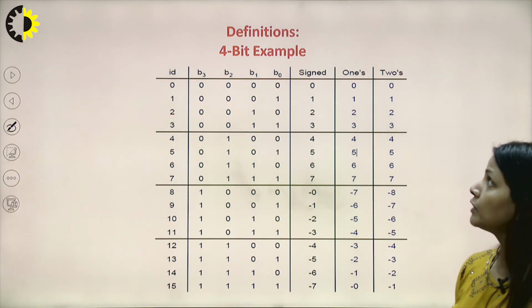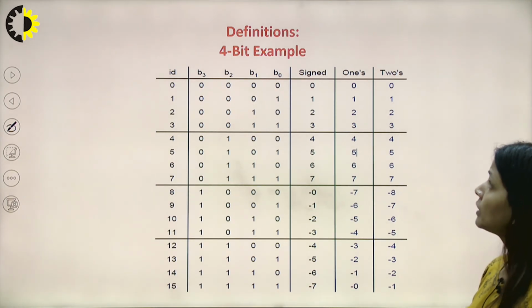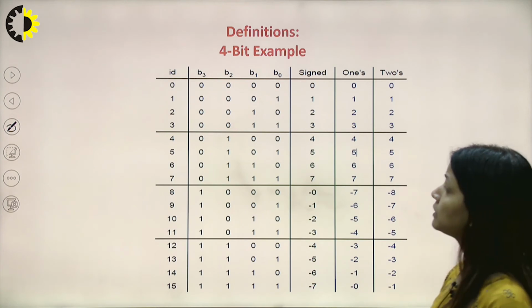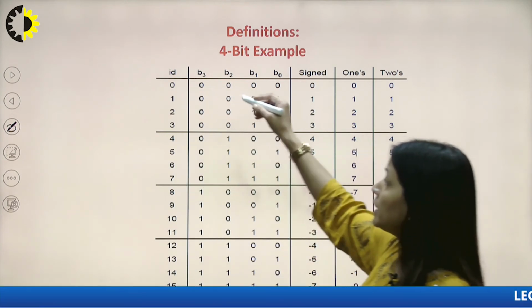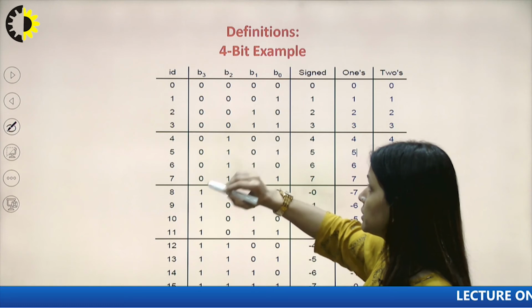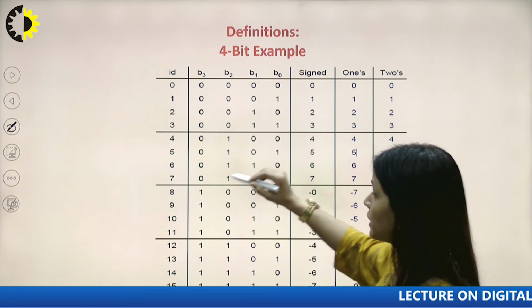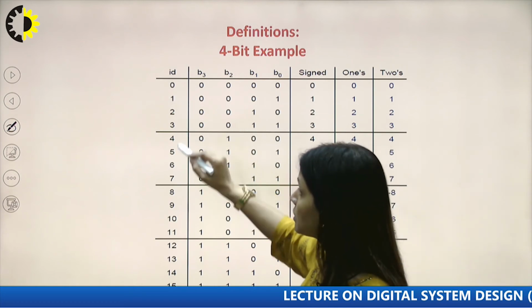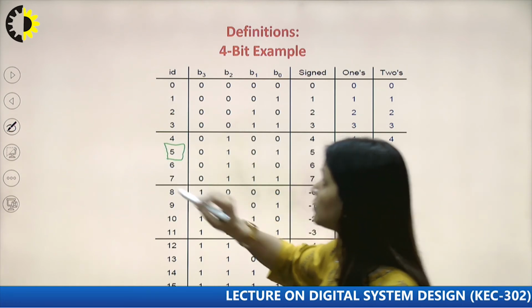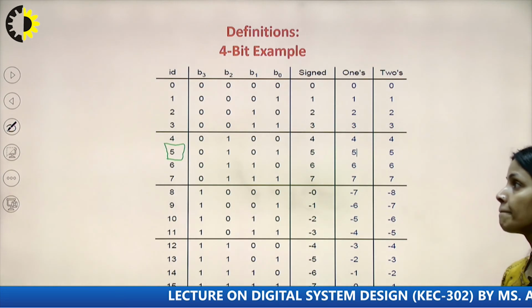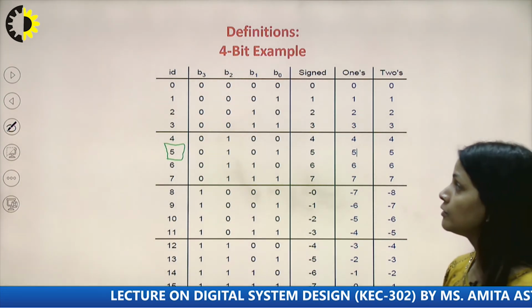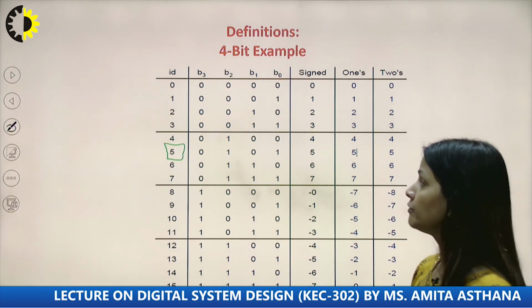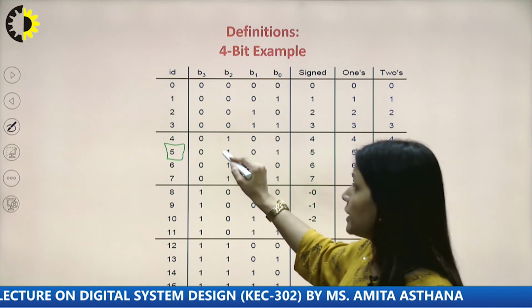Here let us have one example of how to write a number in its binary form. Let's say we have the number 5. For representing 5, I can write it as 101.